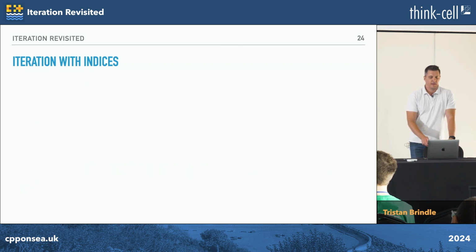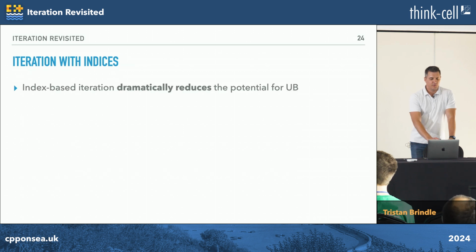So I hope you agree with me that index-based iteration with a bounds-checked read operation dramatically reduces the potential for undefined behavior compared to iteration using iterators. Is that reasonable? Yeah.